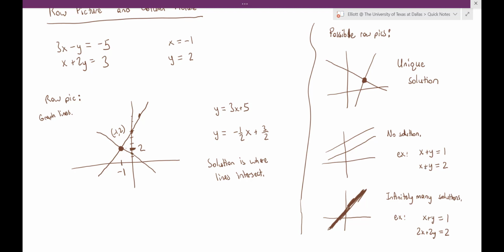You'll never just have, for instance, just 2 solutions. As soon as you have more than one solution, it must be that you have infinitely many. All right? So that's some insight that we get from looking at row pictures. We see that there's 3 possibilities regarding the number of solutions that you have. All right. So next, let's also take a look at the column picture.